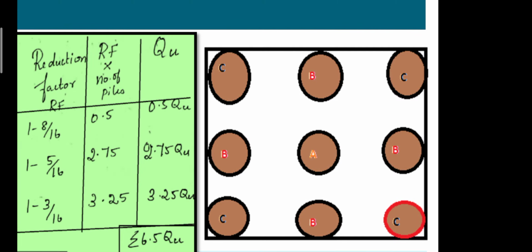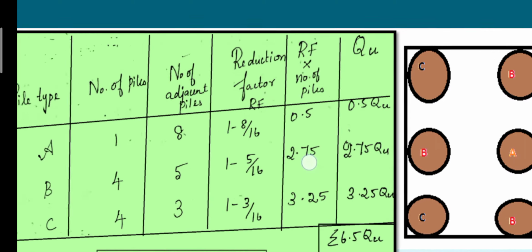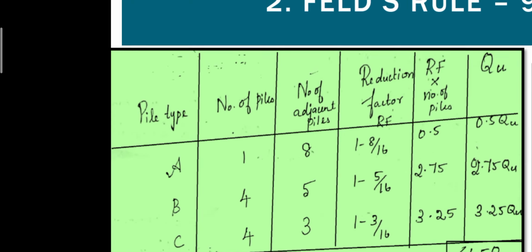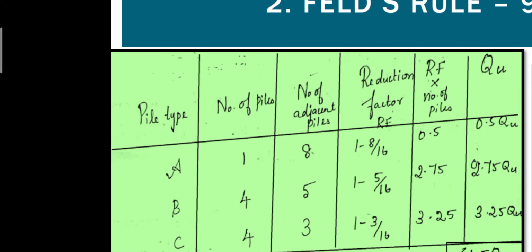All the B piles are straight nearby, and C piles are diagonally nearby. The center pile is connected to all the other piles. So the number of adjacent piles is 8. So the number of adjacent piles to the center pile A is 8.